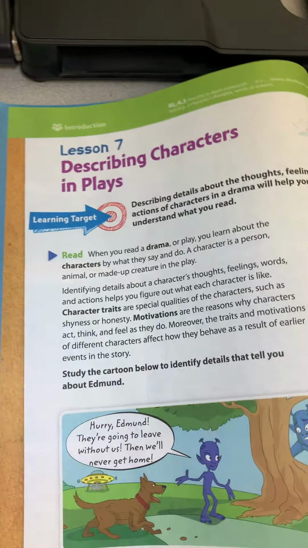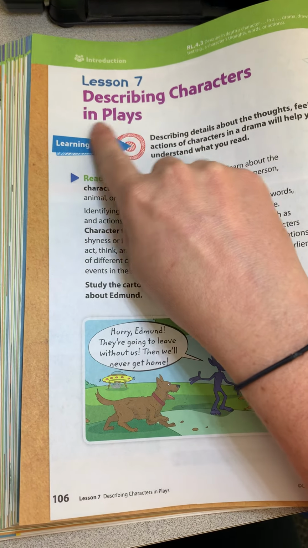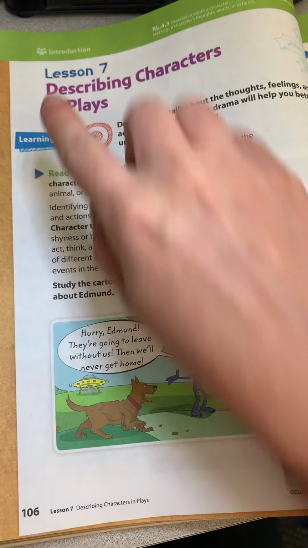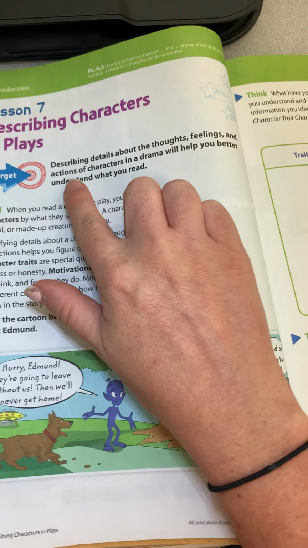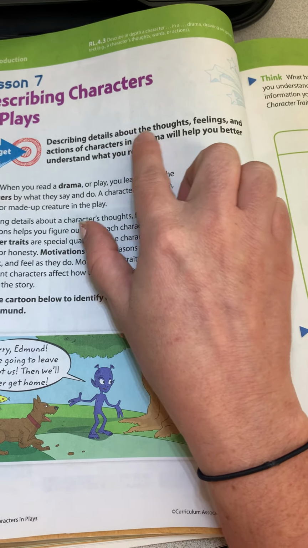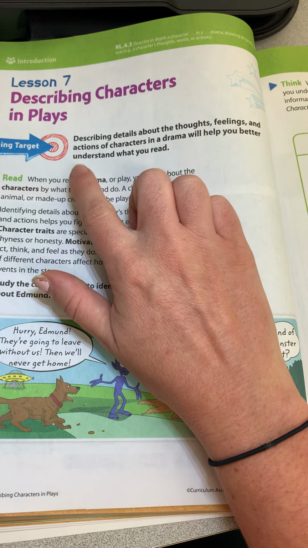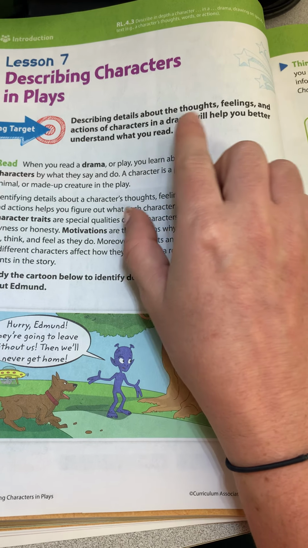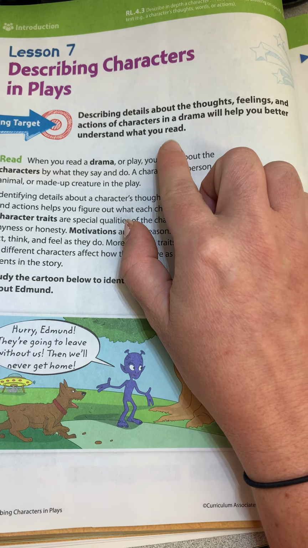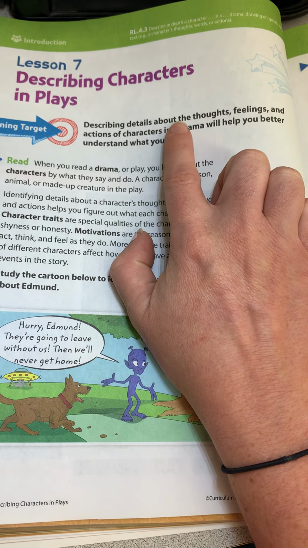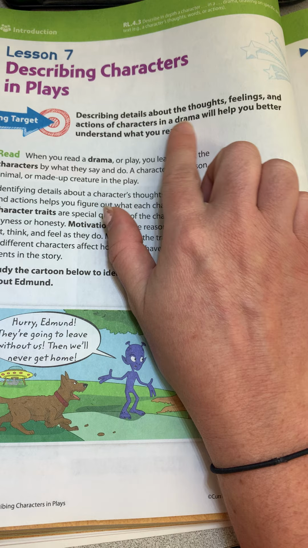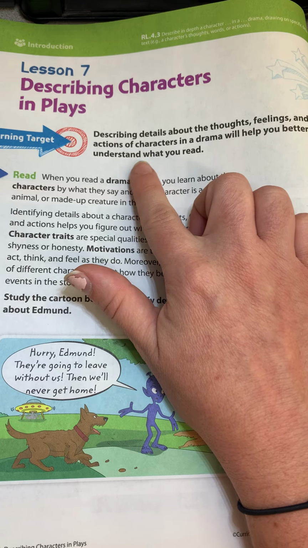So here we go. We are looking at lesson 7, describing characters in plays, on page 106. Our learning target today is: describing details about the thoughts, feelings, and actions of characters in a drama will help you better understand what you read.